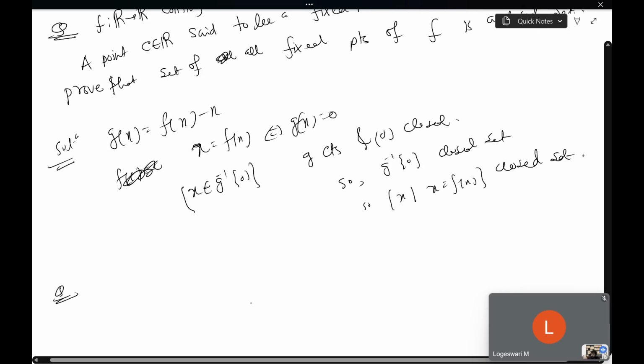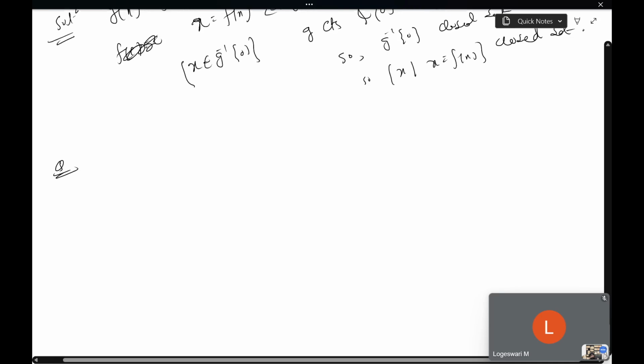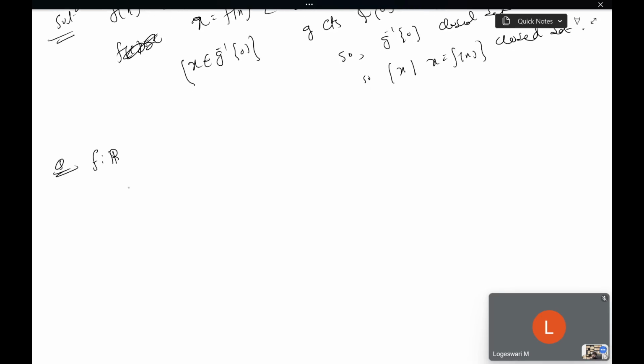So going to the next problem. Okay, so consider this problem. Suppose f from R to R is continuous, and let mu be a real number.